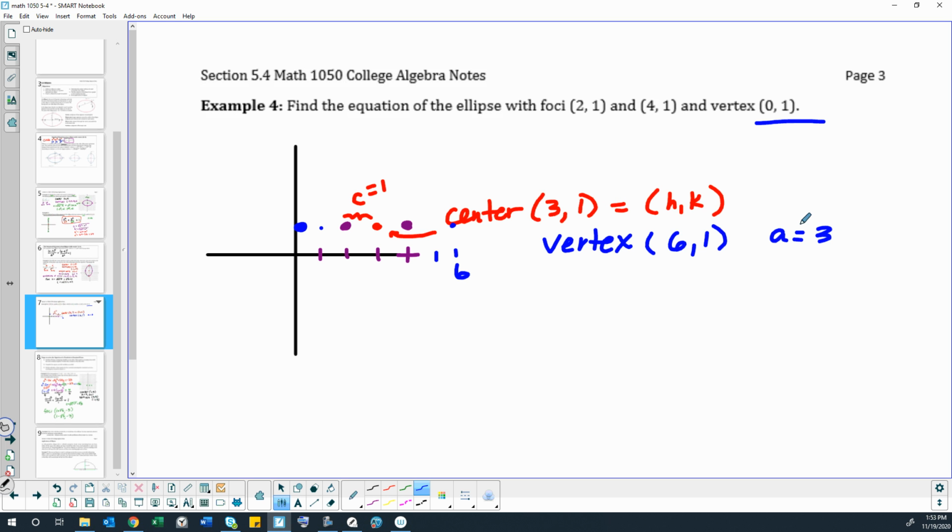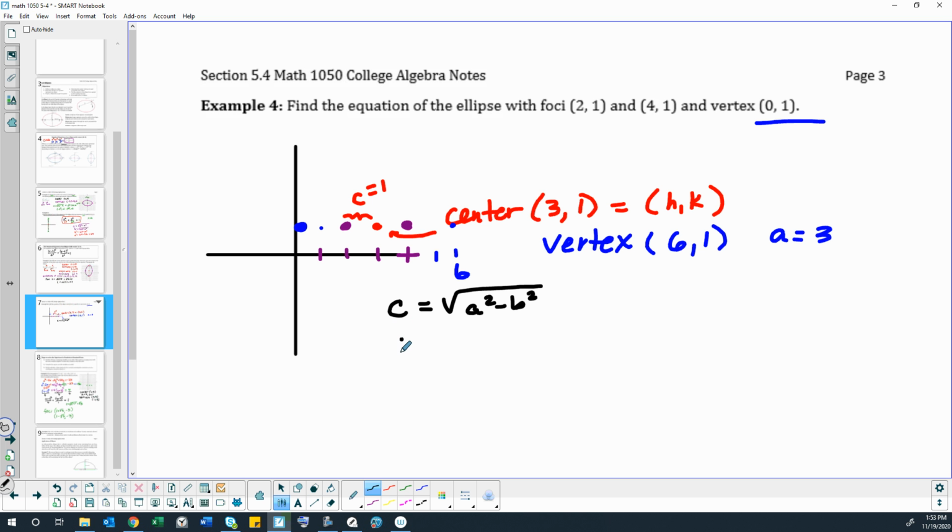So we know c equals 1, we know a equals 3. The other number we need to find is b. So to do that, we're going to use our equation c equals the square root of a squared minus b squared. And the reason I'm doing a squared first is because I know these are the vertices, and so that is the bigger number, right? So we're going to throw that number in. Here, I'm going to move my writing to this spot right here.